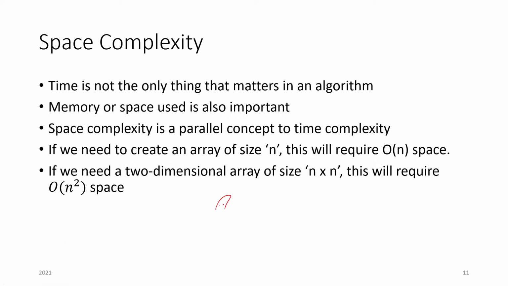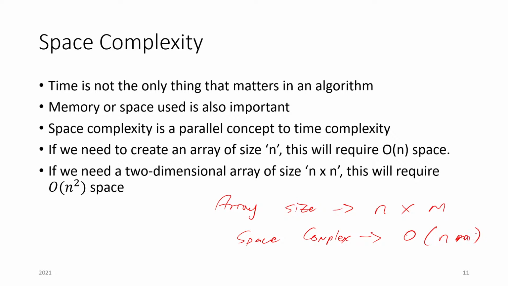Now, similarly, you can have multiple variables representing your order. If our array here was size n by m, the space complexity is going to be O of n m, because n and m are distinct in nature and there's no relationship between the two of them.